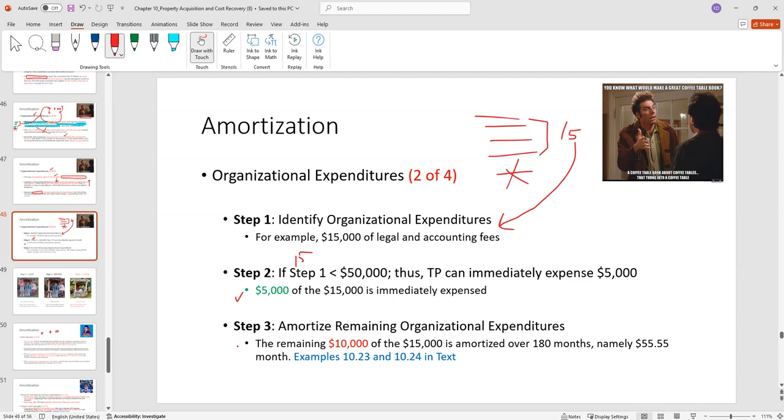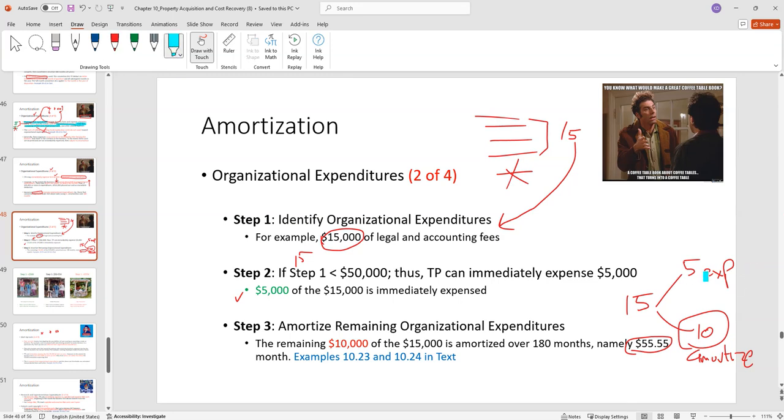And whatever the leftover is, we were at 15, which is well below 50, so 5 we get to expense. Of the remaining 10, we have to amortize over 180 months. So in this case, there would be 55 that we get each month.